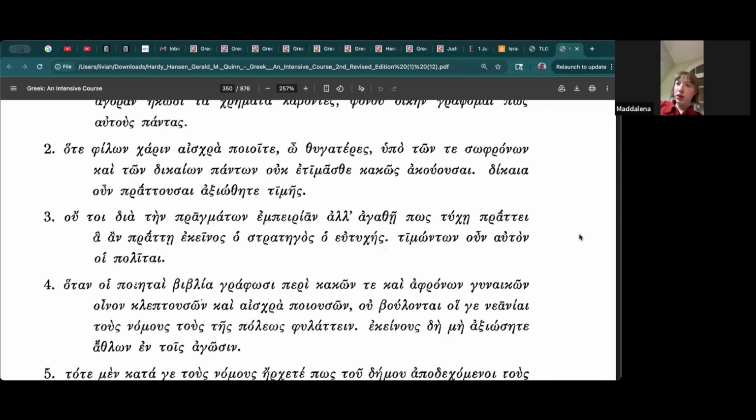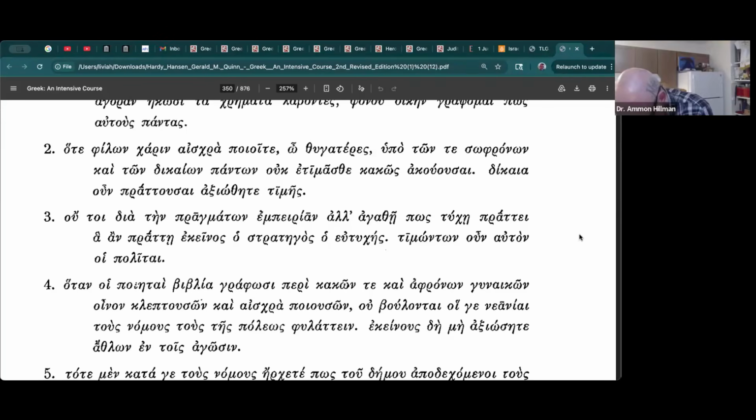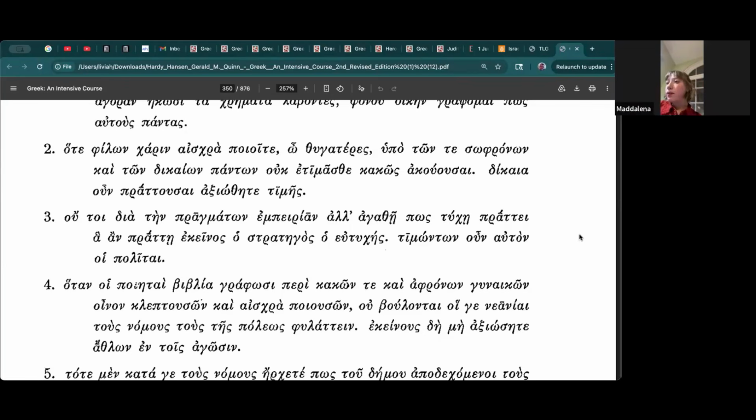Yeah. And what is our main clause supposed to be in a past general? It's supposed to be an imperfect indicative. Is that what we've got? Where's our main verb?